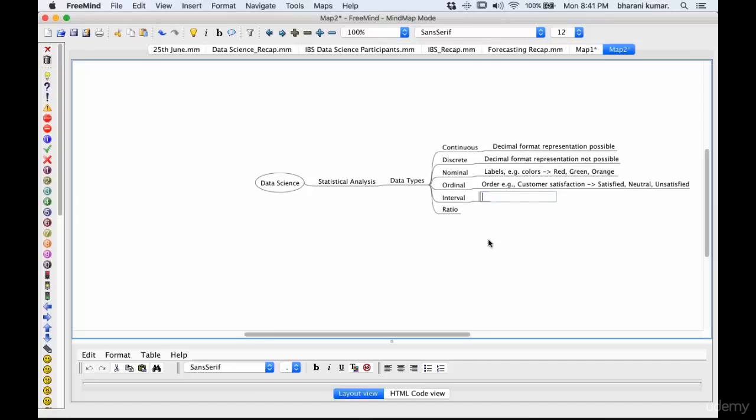Interval scale is used if you do not have a zero value, if you do not have an absolute scale. For example, it could be temperature, or it could be a rating scale of say 1 to 10.